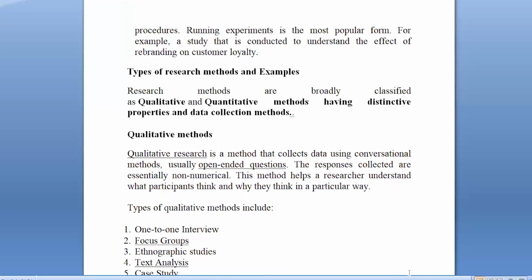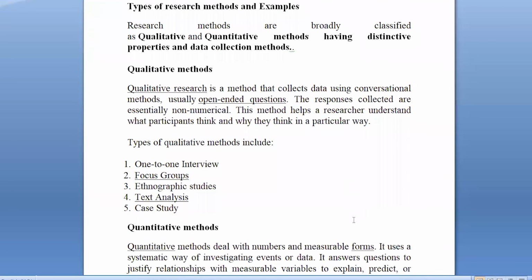The responses collected are essentially non-numerical. This method helps a researcher understand what participants think and why they think in a particular way. Types of qualitative methods include one-to-one interview, focus groups, ethnographic studies, text analysis, and case study.